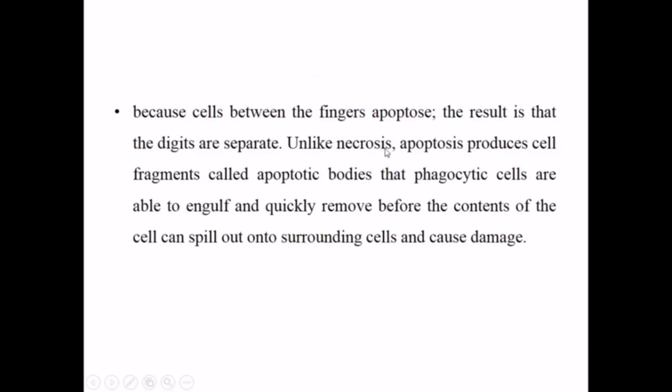So unlike necrosis, apoptosis produces cell fragments called apoptotic bodies that phagocytic cells are able to engulf and quickly remove before the contents of the cell can spill out onto surrounding cells and cause damage.